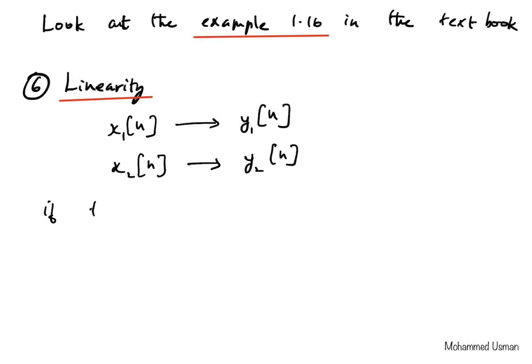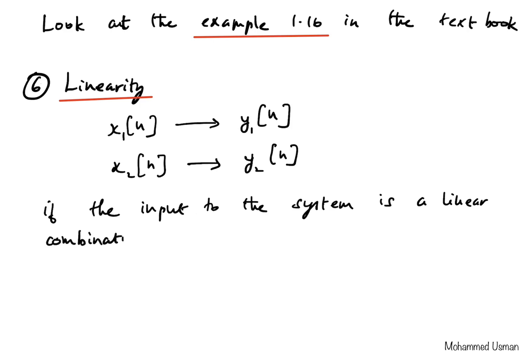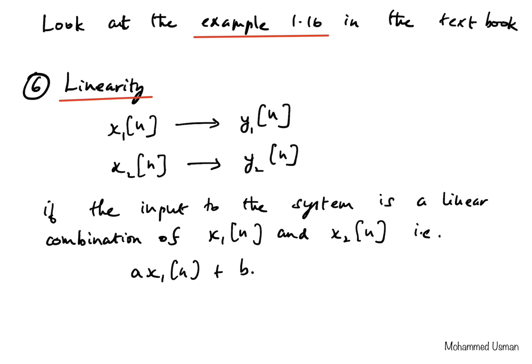So if the input to the system is a linear combination of the original inputs x1 of n and x2 of n, that is some constant times x1 of n plus another constant times x2 of n.